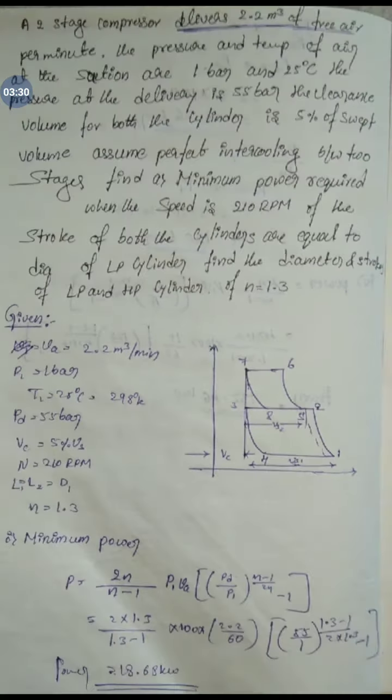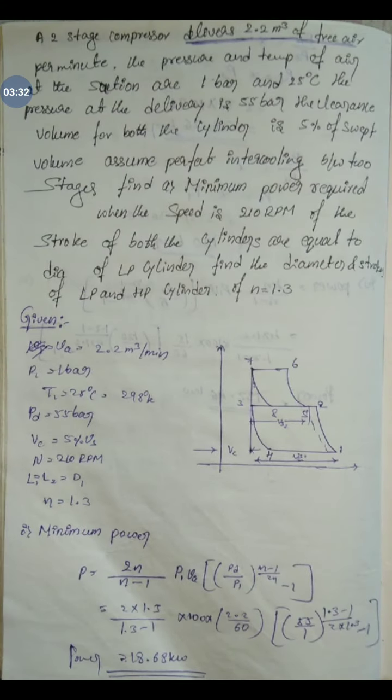Now coming to the point, he has asked to find the minimum power required. The minimum power for a two-stage compressor is 2n by n minus 1 P1 into VA. Instead of V1 we have to take VA, because the problems are based on the clearance volume, so the actual volume of air taken is VA.